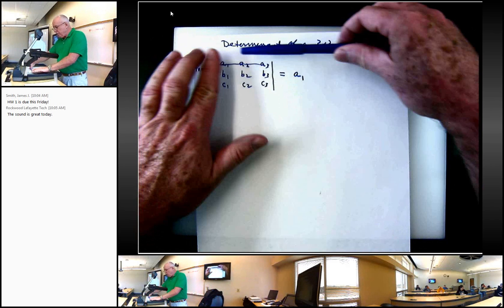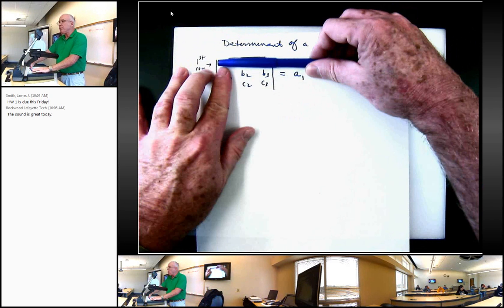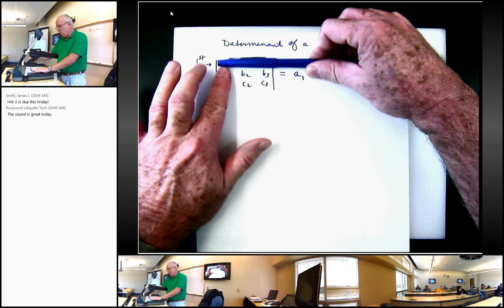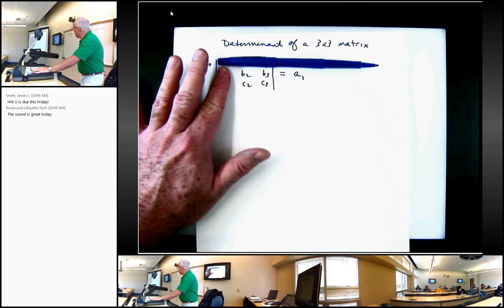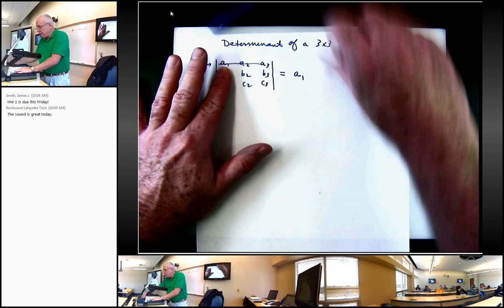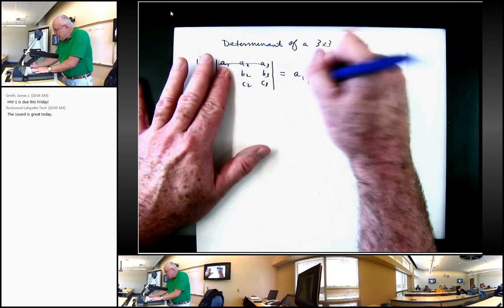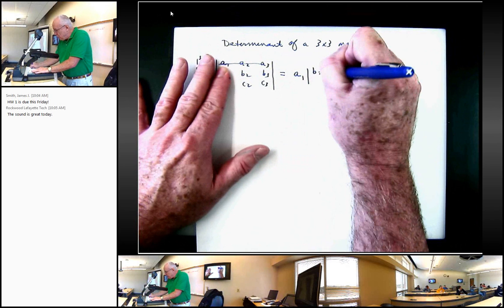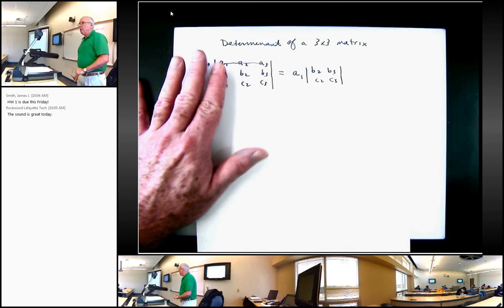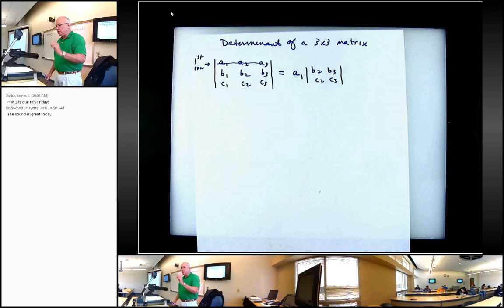What we do visually is we cross out that first row and the first column. So what we are looking at then is a 2 by 2 matrix of the other 4 elements that haven't been blocked out. And we're multiplying this element then by the determinant of that 2 by 2 matrix. Okay, that's our first step in the determinant.